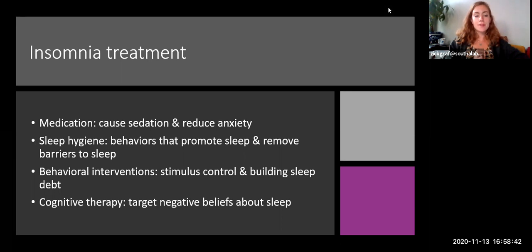For some people, simple lifestyle changes like sleep hygiene can really help with insomnia and can be enough to resolve it. For people who have chronic insomnia disorder, they often need cognitive behavioral therapy, CBT, which incorporates behavioral interventions, including stimulus control and consistent efforts to regulate the sleep schedule and build up sleep debt, and cognitive therapy to target negative beliefs and anxiety about sleep.